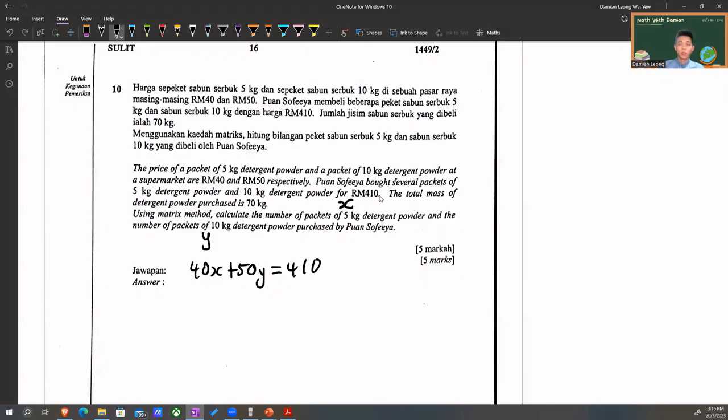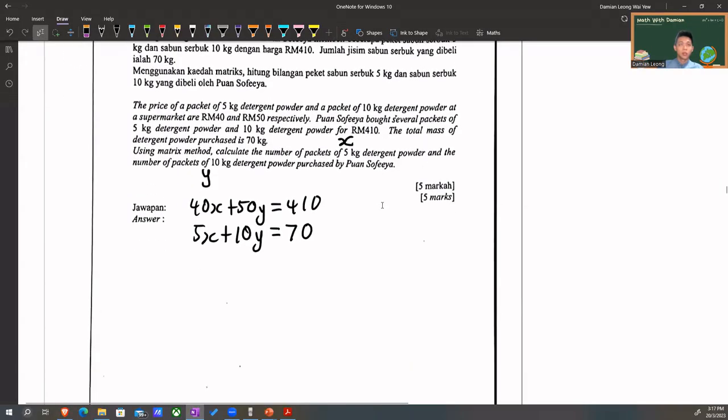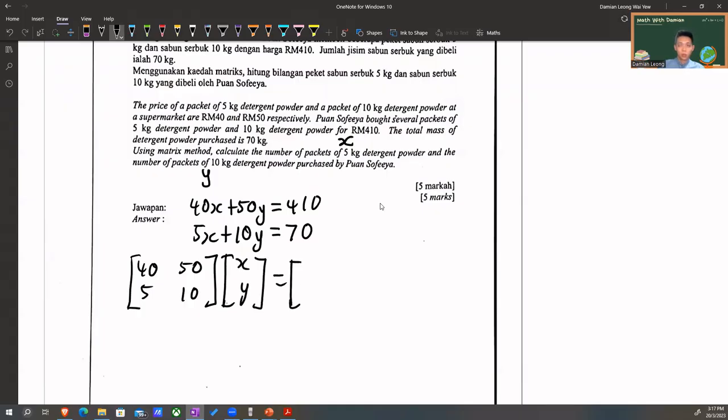So it's 5 kg and 10 kg, means 5 kg times x plus 10 kg times y is 70. So these are the two equations. So I put these two equations into matrix form. Just follow the numbers 40, 50, 5, 10. It's xy, so times xy equals the total here, 410, 70.